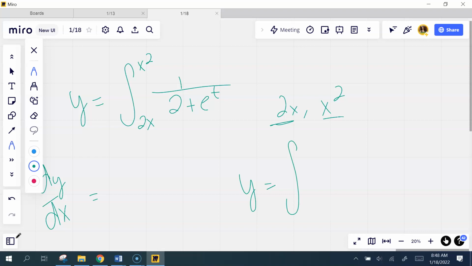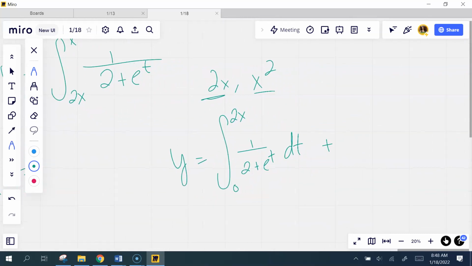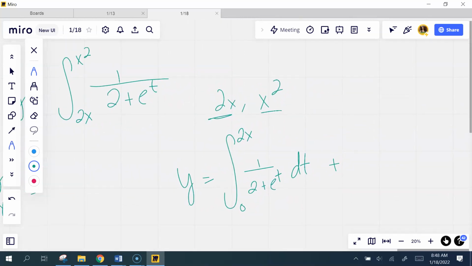I could go from 0 to 2x. But then I'd have to go from what? Zero to x squared.